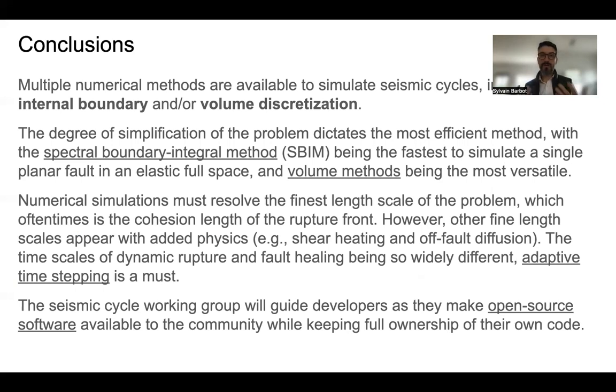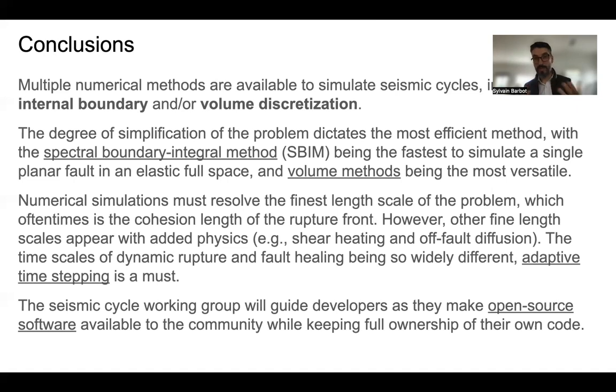To make proper numerical simulations of the seismic cycle, the discretization must resolve the finest length scales of the problem, which oftentimes ends up being the cohesion length at the rupture front. But other very fine length scales can emerge when additional physics are considered.